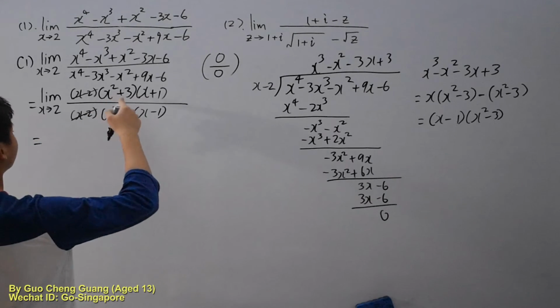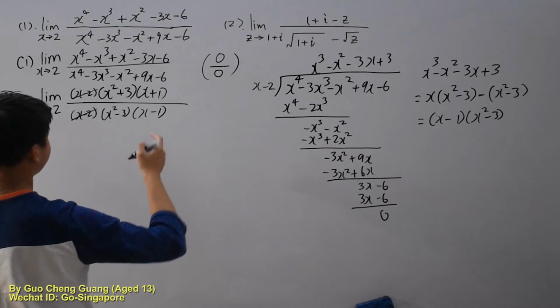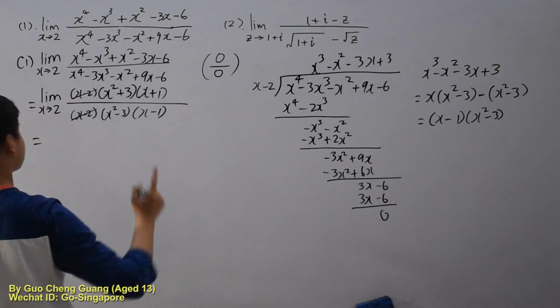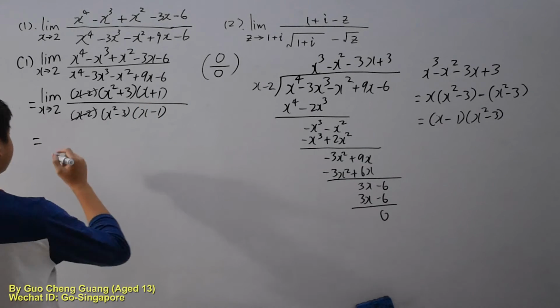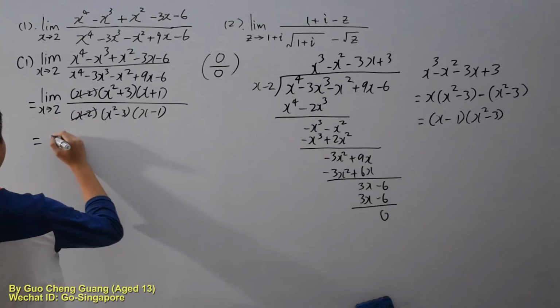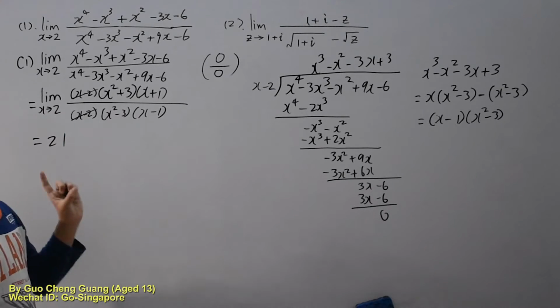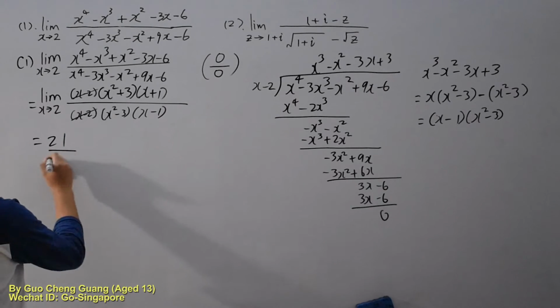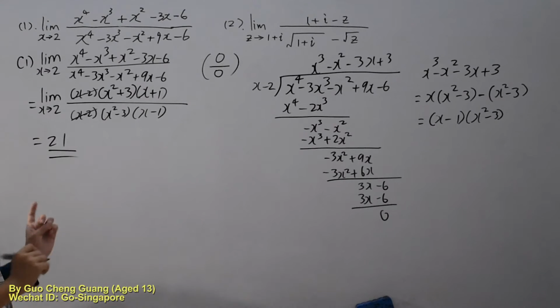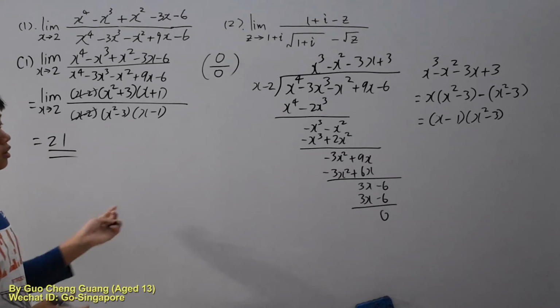And for this part, 4 plus 3, 7. 2 plus 1 is 3. And so you have to find out 2 times 7, which is already 21. And so the answer for the first example is 21. Alright? So this is the first example over here. Just get a quick look at all of these.